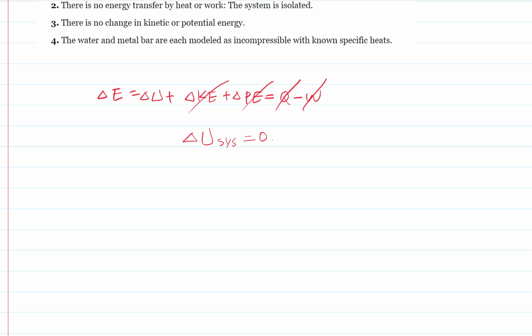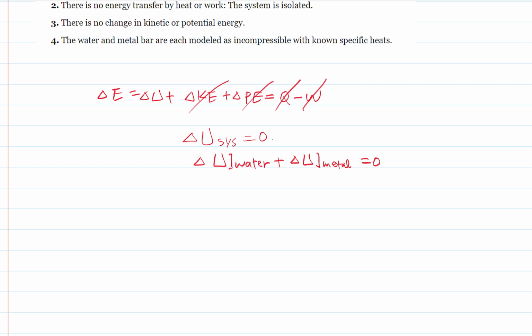The system includes the metal bar and water. So we can write it as the internal energy change of water and the internal energy change of the metal bar. Both the metal bar and water are incompressible substances. So we are going to use the incompressible substance model to determine the internal energy change.